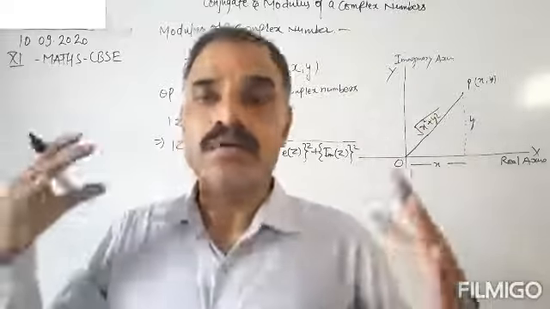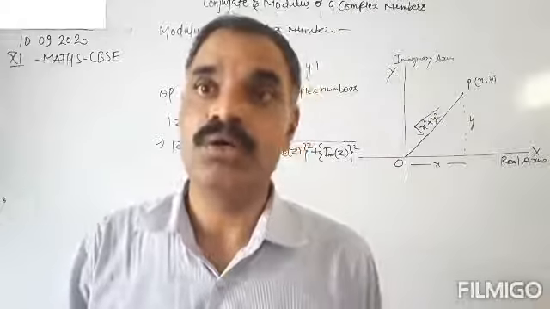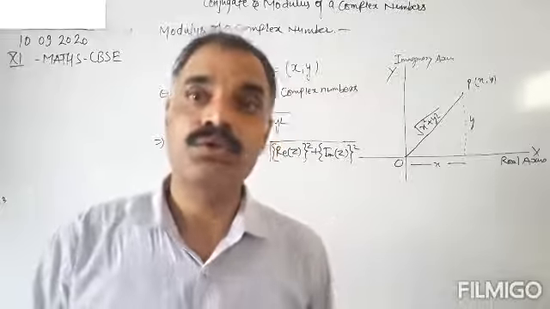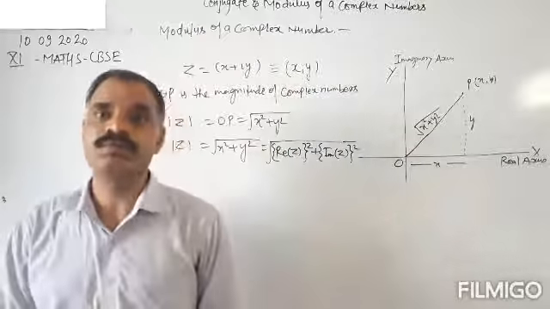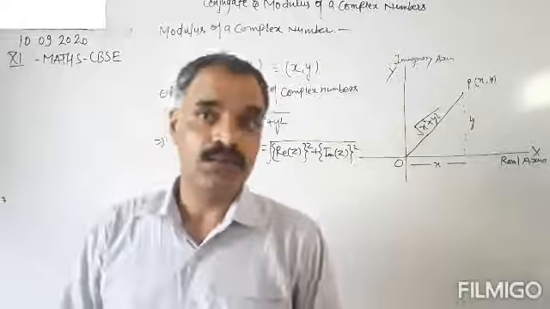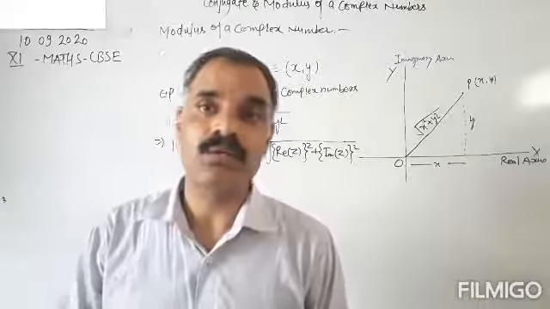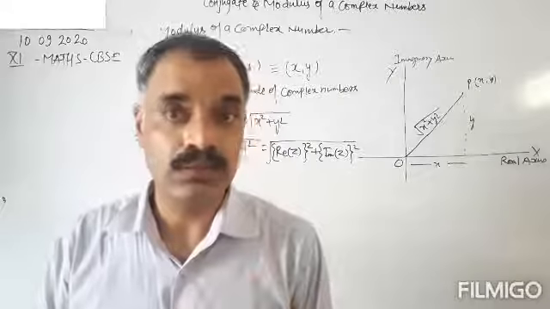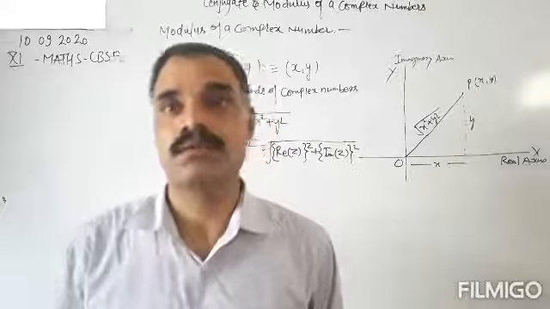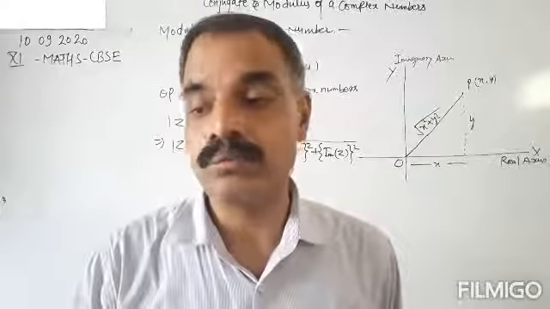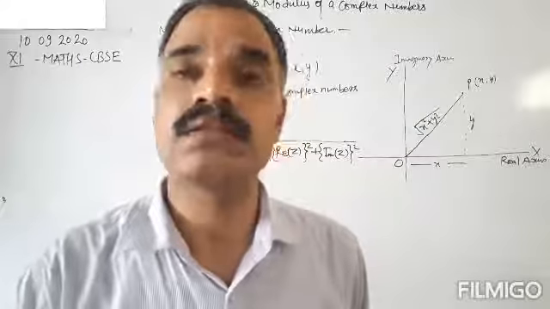This is the magnitude of complex number z. Using this process we can obtain the magnitude or the modulus of a complex number. That is very important in the study of complex numbers. Now we will discuss the different properties of the modulus of complex numbers.